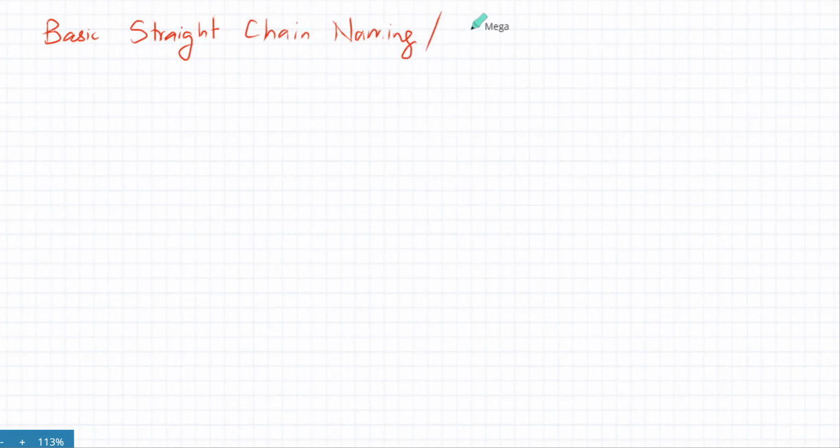So we're not talking about branches at the moment. So basic straight chain naming. We're going to deal with more complex naming after this one. So basic straight chain naming with double bonds. So the molecule would be saturated or unsaturated.